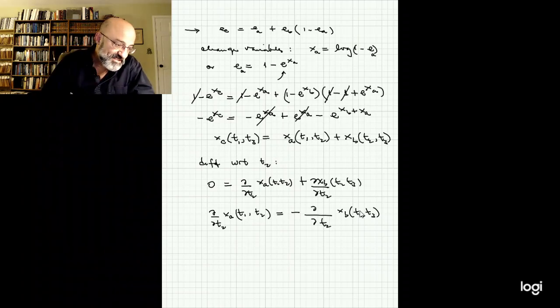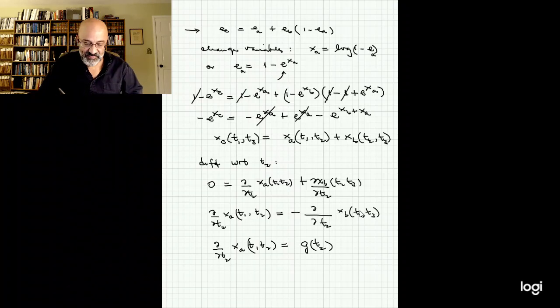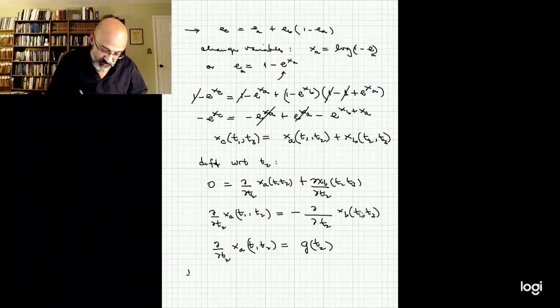So what this means is that whatever these functions are, this is only a function of T2. Now we integrate. And we integrate here on the left-hand side.